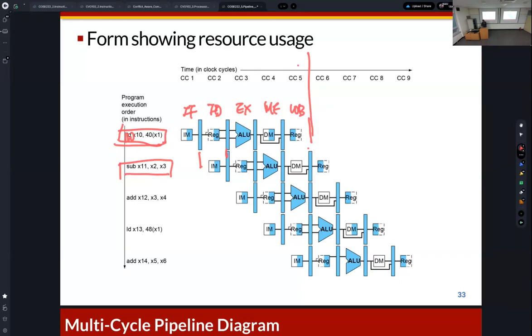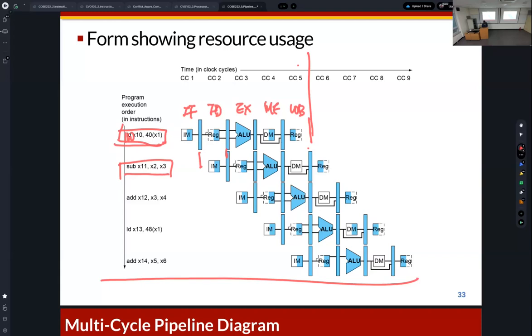This is because at the same time there are multiple instructions in the pipeline processor, and these multiple instructions are in different stages of the pipeline processor. So we can use this figure.